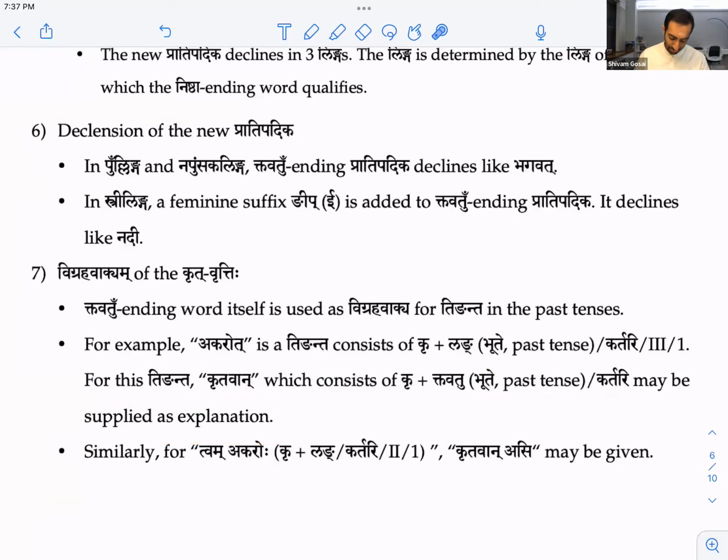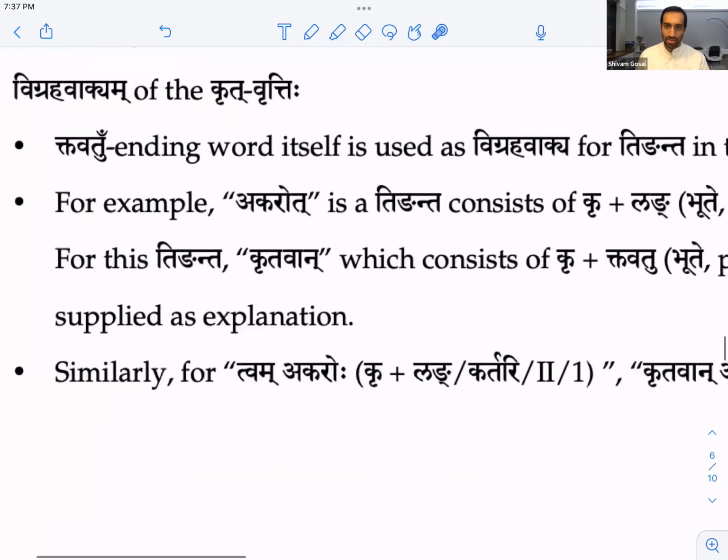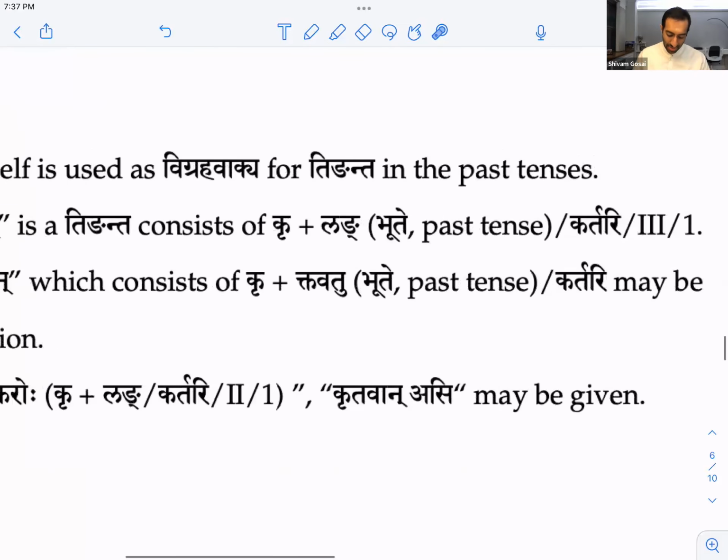So for example, this is a Lang Kartari Madhyama Purusha Ekavachanam, second person singular: Tvam Akaroh. So Akaroh is Lang Lakara. We haven't spent much time on Lang Lakara, I acknowledge. Now I can use Kritavan Asi.